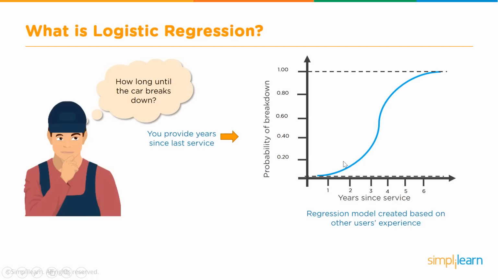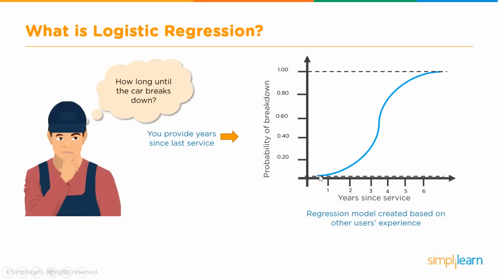The data has been collected, including the number of years and when the car broke down and what was the probability, and that has been plotted along the x and y axis. So from this graph we can find out whether your car will break down or not. We'll see how. First of all, the probability can go from 0 to 1. As you all are aware, probability can be between 0 and 1.